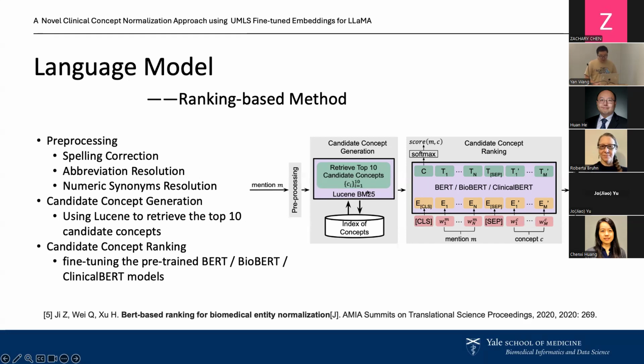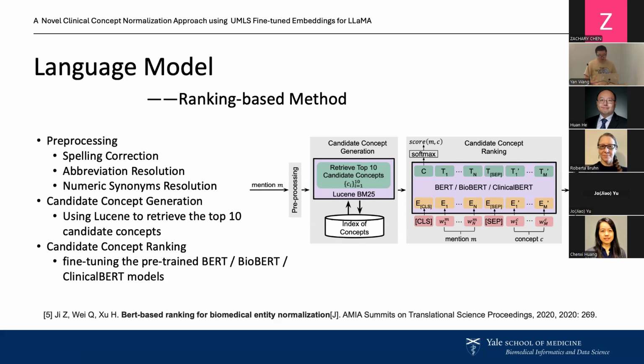For the candidate concept generation, they generated the candidate concepts for each mention in 2 steps. The first step is they index all the concept names and the training mentions with their concept IDs. Then they apply the traditional model BM25 to retrieve the top 10 candidate concepts.